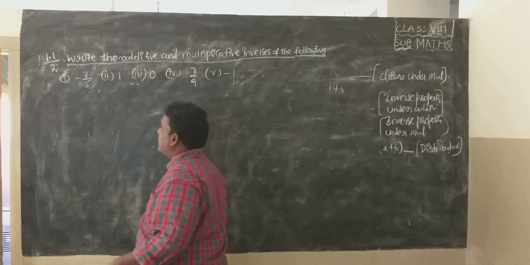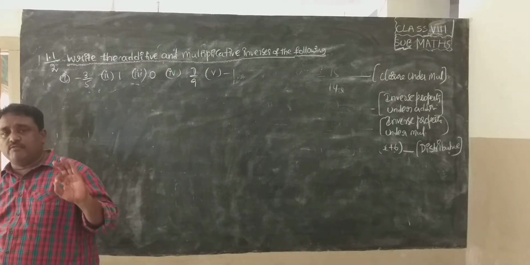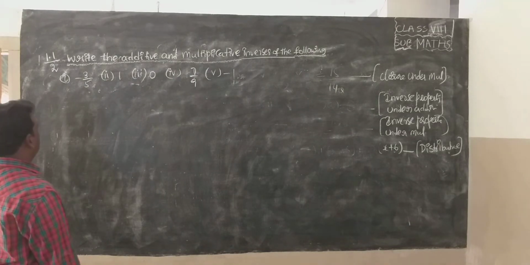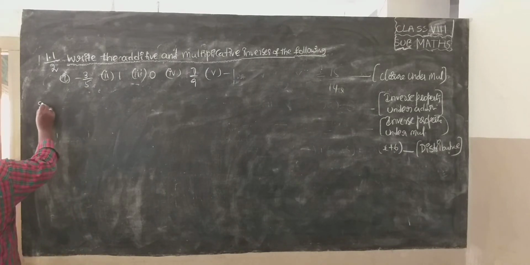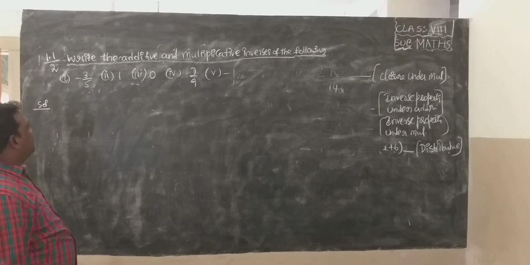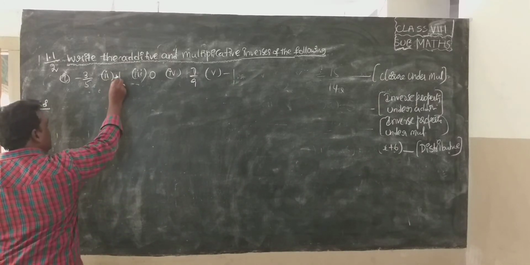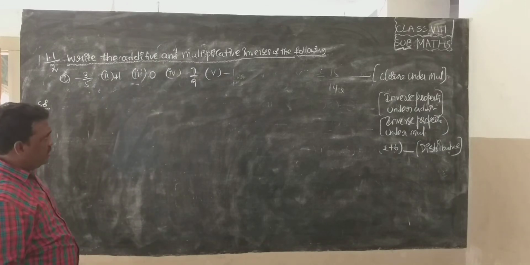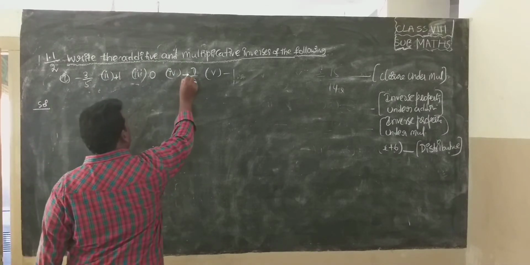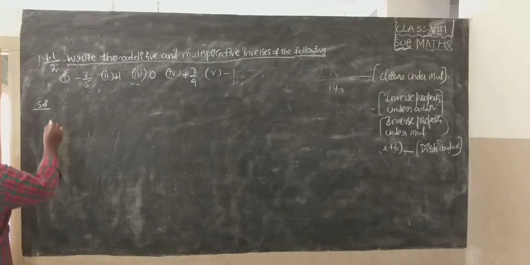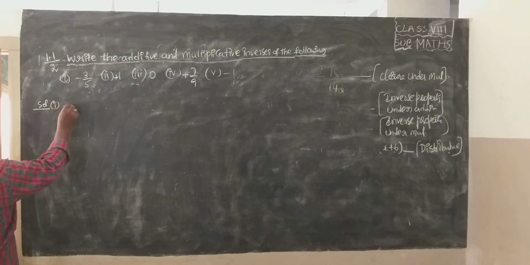Everywhere we need to write the additive inverse and the multiplicative inverse. Solution. First number, minus 3 by 5. Second one, plus 1. Third one, 0. Fourth one, plus 7 by 9. Fifth one, minus 1.